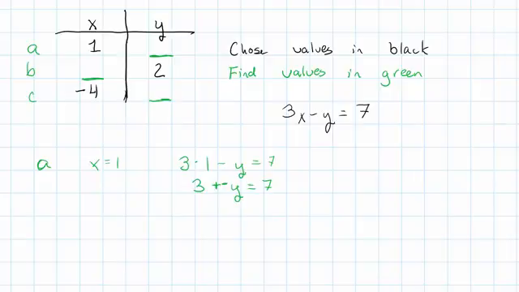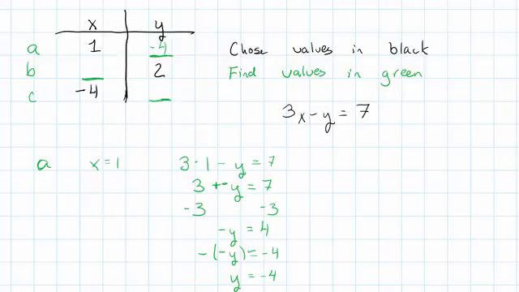So I need to get rid of the 3. So I'll subtract 3 from both sides. And now I need to get rid of that negative sign. So I'll multiply both sides by negative 1. And I get y is negative 4.